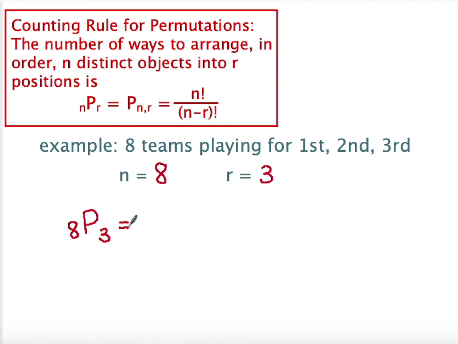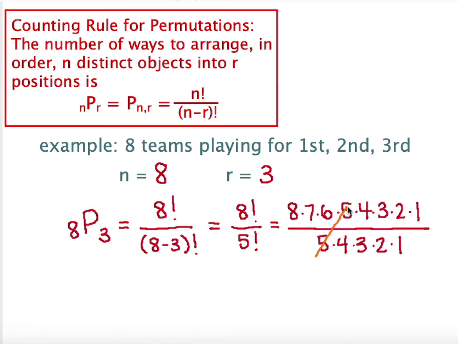And to calculate that, we would just take 8 factorial divided by 8 minus 3 factorial, or 8 factorial divided by 5 factorial.